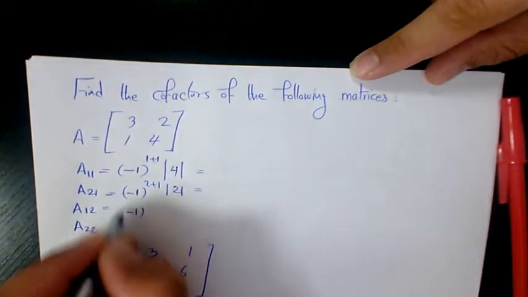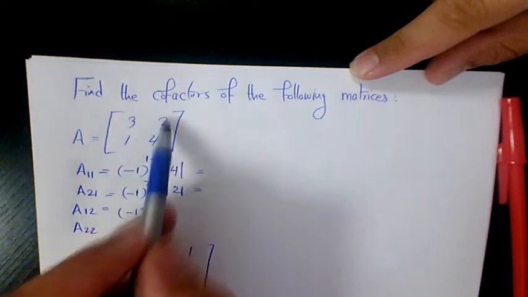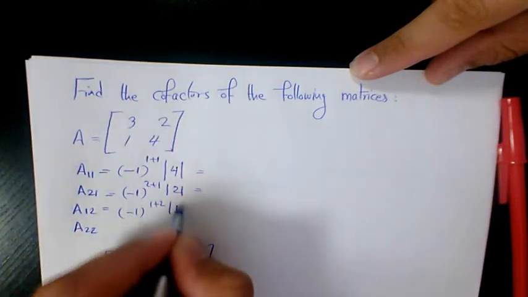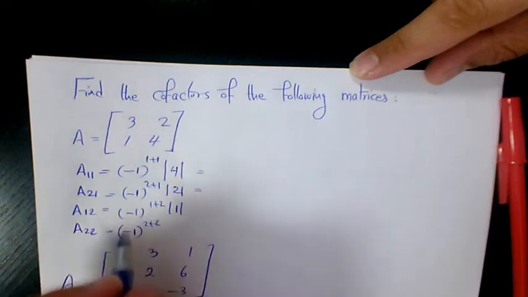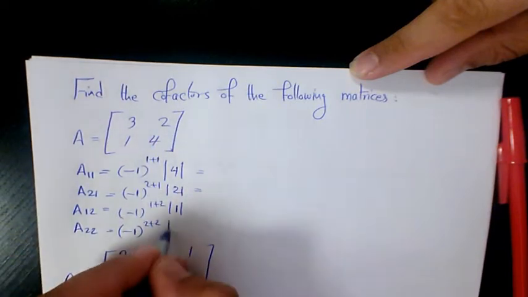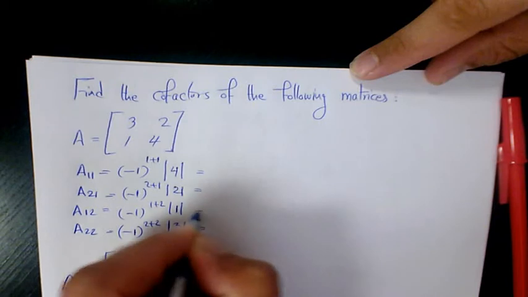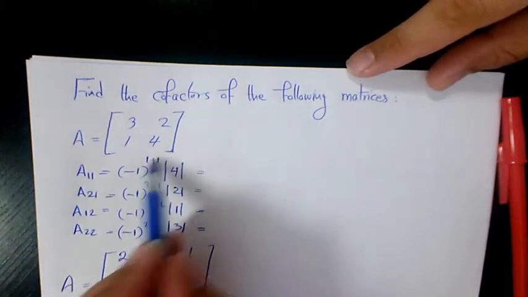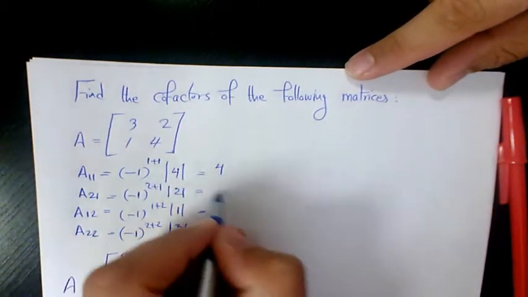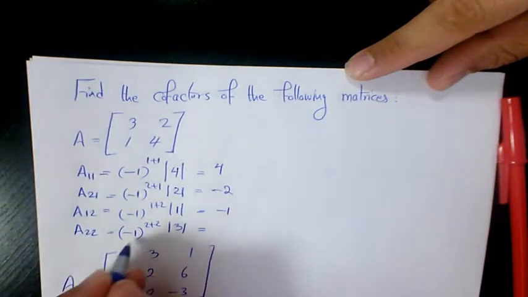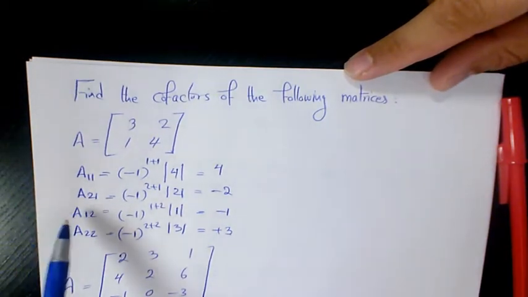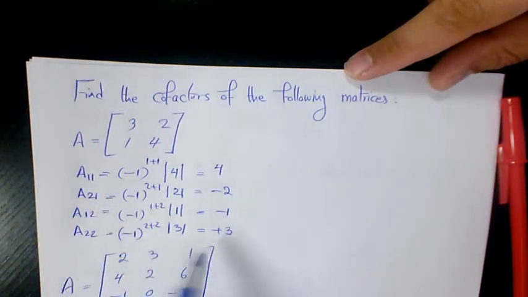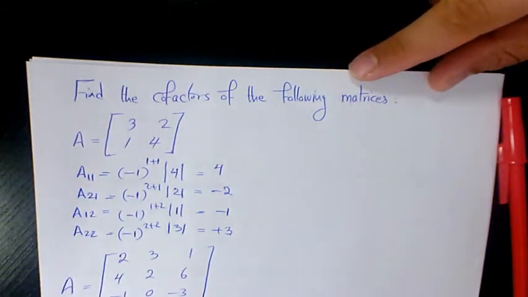Next one, -1 to the power of 1 plus 2 is going to be 1. And then we have -1 to the power of 2 plus 2, which is going to be 3. So that's going to be positive 4, -2, -1, and this one is going to be positive 3. So that's A11, A21, A12, and A22. These are the cofactors of this matrix.